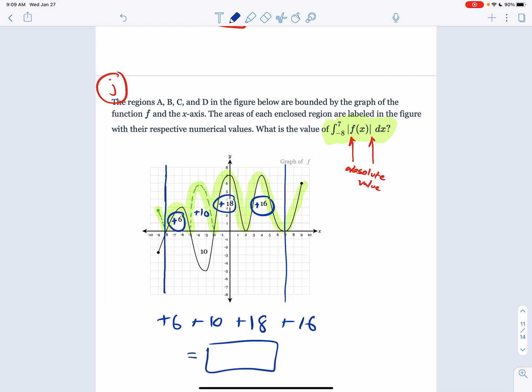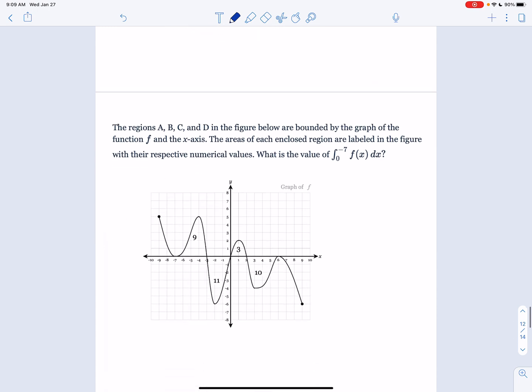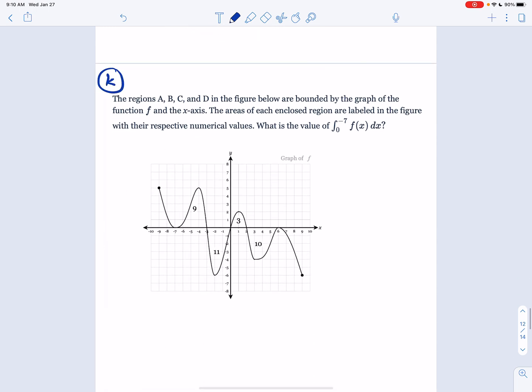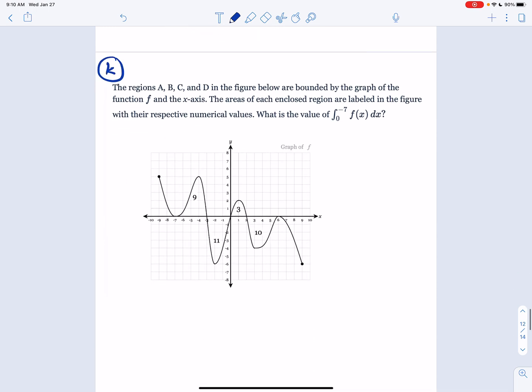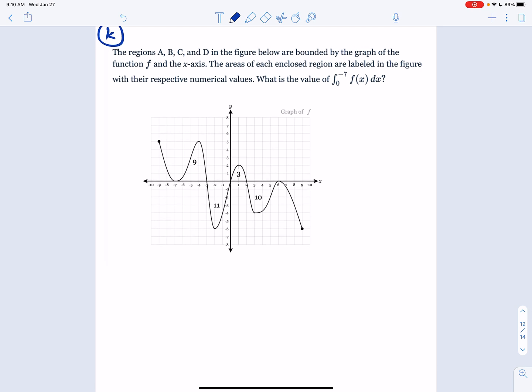All right. Part K. Try this one here. Press play when you're ready. Okay, here's another case where it's a little bit backwards.